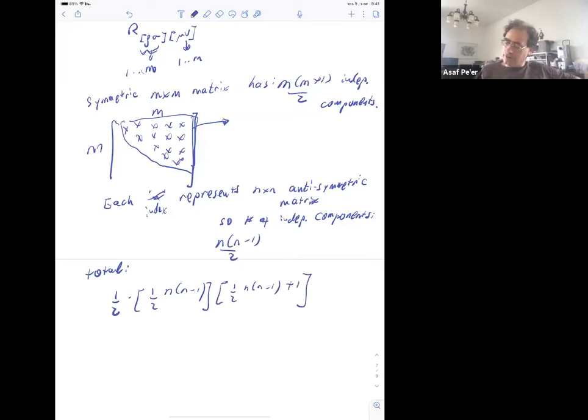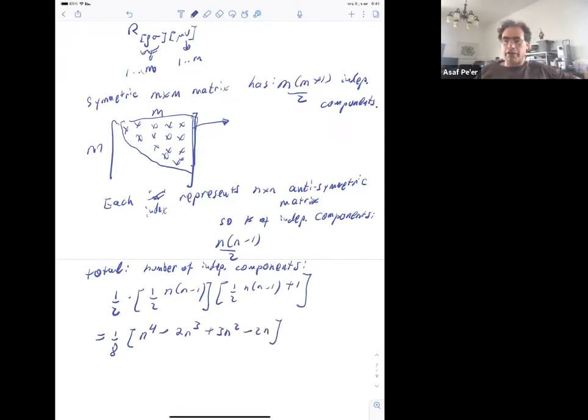Plugging it in, that's 1/8 n to the power 4 minus 2n cubed plus 3n squared minus 2n independent components. So that's less than n to the power 4.